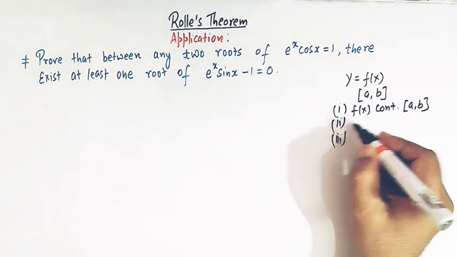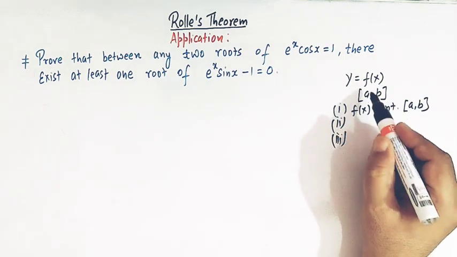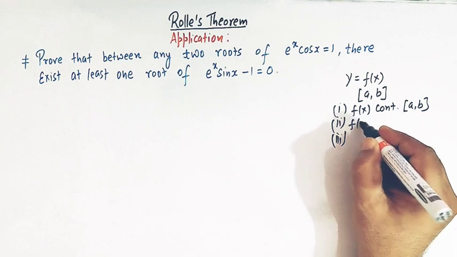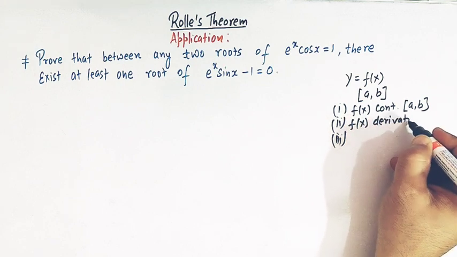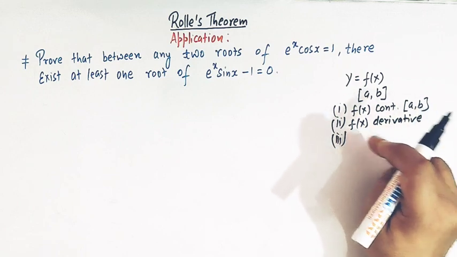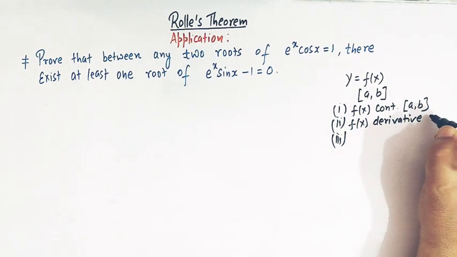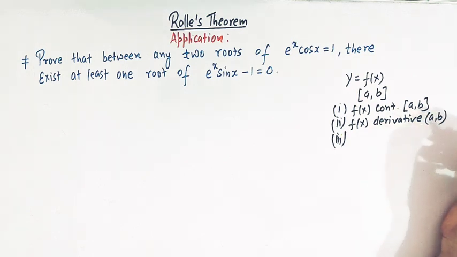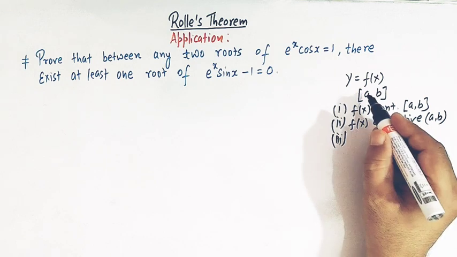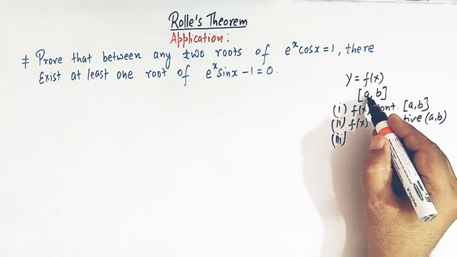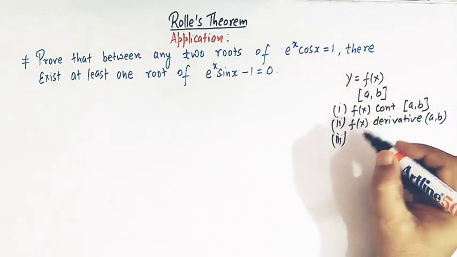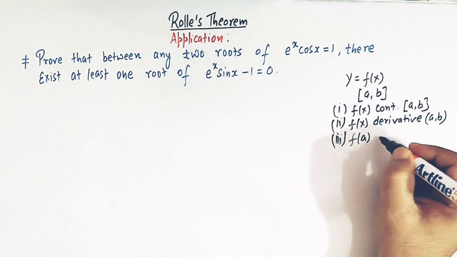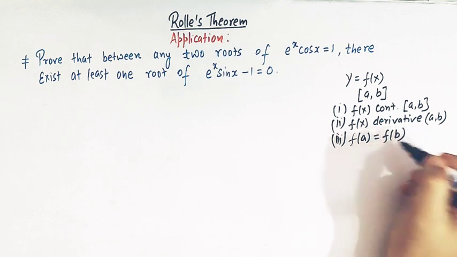The second condition is that f of x should have a derivative at each point in the open interval a comma b. And moreover, the value of the function at the endpoints, f of a should be equal to f of b.